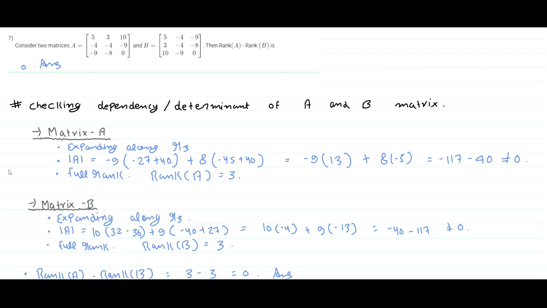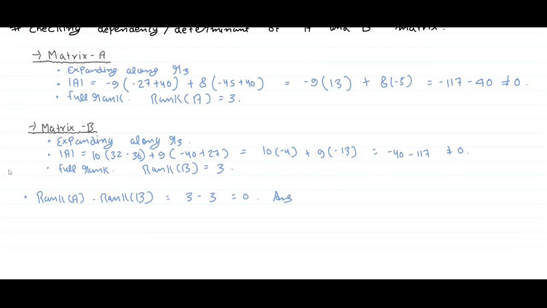So, if we check the determinant of matrix A by expanding it along the last row, we find that its determinant is non-zero, which means it is full rank, so its rank will be 3. And similarly, if we check matrix B by expanding along the last row, we see that its determinant is non-zero, so it is also full rank. Hence, its rank is also 3. Now the difference between their ranks is 3 minus 3, which is 0.